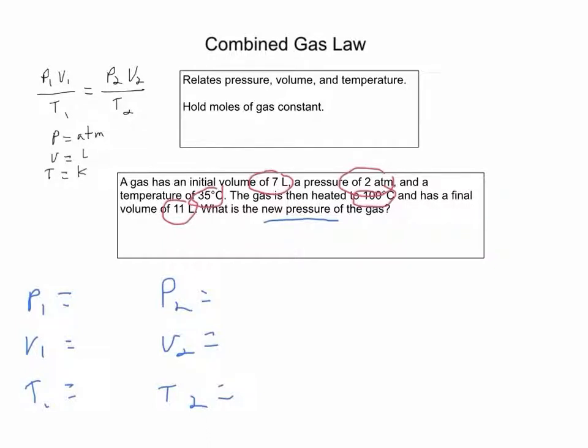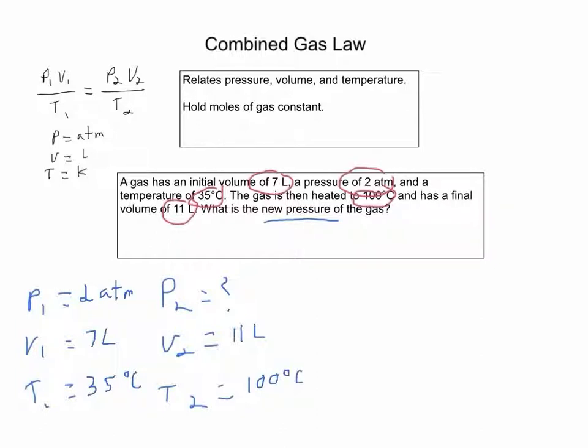So 7 liters is V1. The pressure that goes with that is 2 atmospheres. And the temperature is 35 degrees Celsius. We don't know the second pressure, but we know that the second volume is 11 liters and that the second temperature is 100 degrees Celsius.